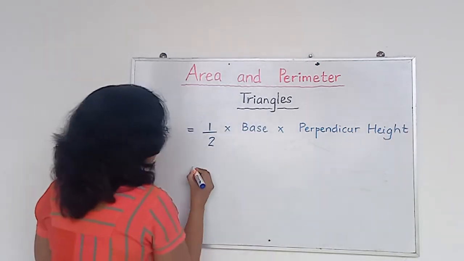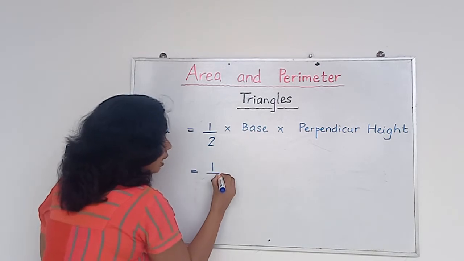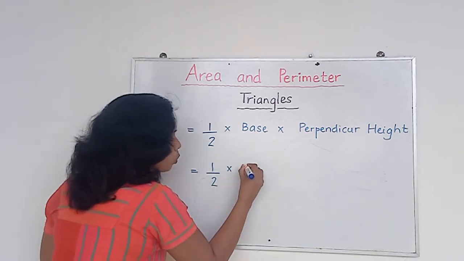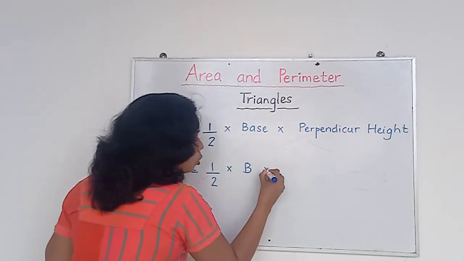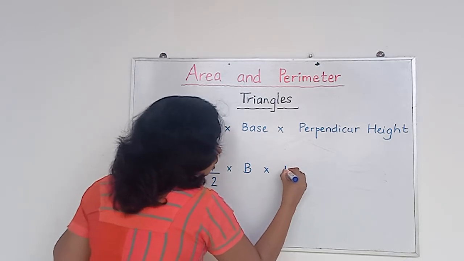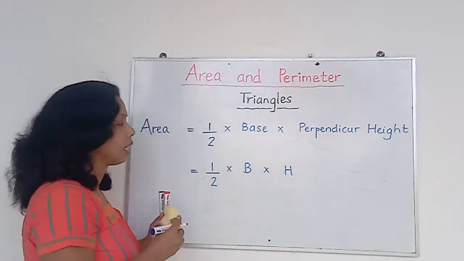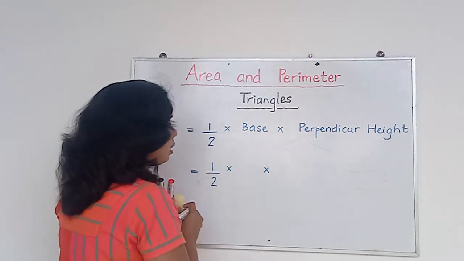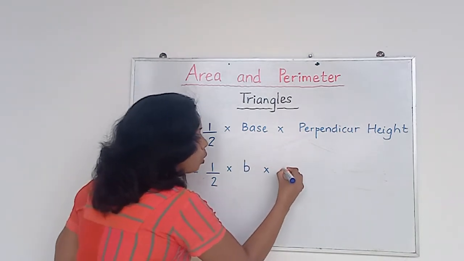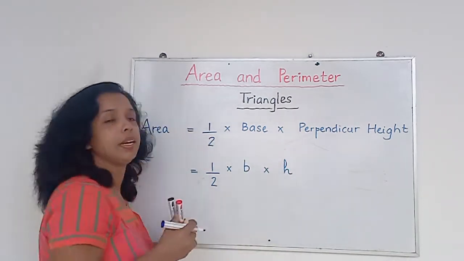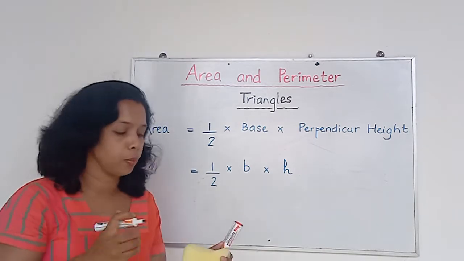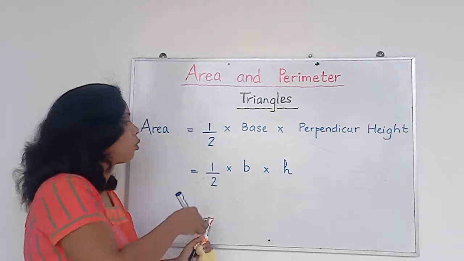So, in short form, I can write half into base into height. Or else I can use simple letters, half into base into perpendicular height. Hope everybody understood. Why do we need to have this half?